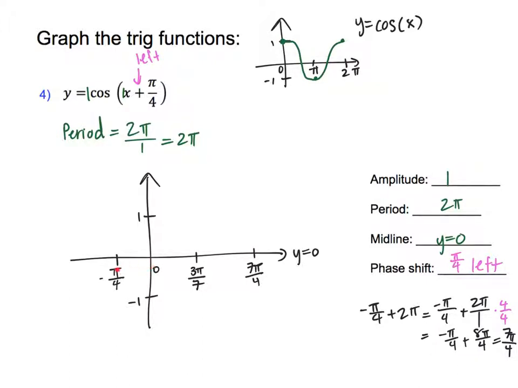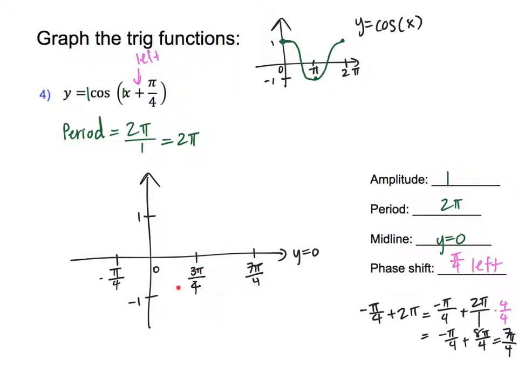That would be 1, and then that would be 3. So that's about 4 units over. And then 3 pi over 4 to 7 pi over 4 is about 4 units over. So I think this works.